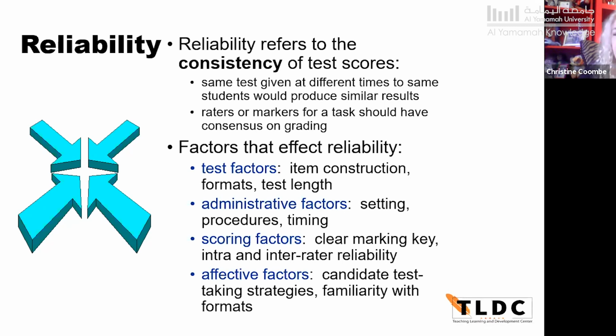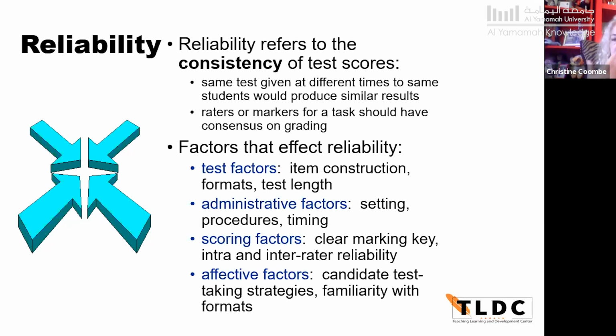Another factor that could have an impact on reliability is how we administer tests. So the setting is really important. We need to make sure that the setting our students are in, the exam hall for example, is well lit. In our part of the world, we have to think about air conditioning.